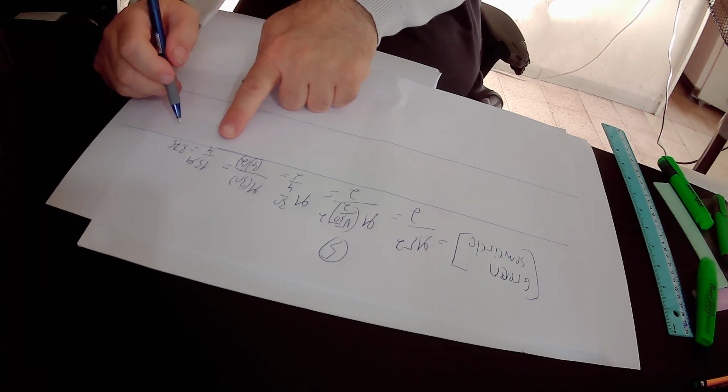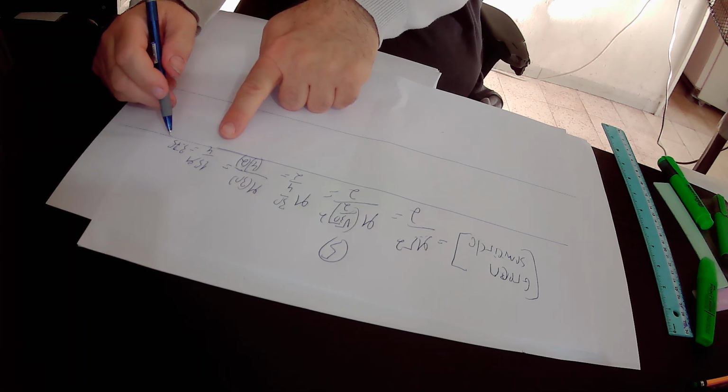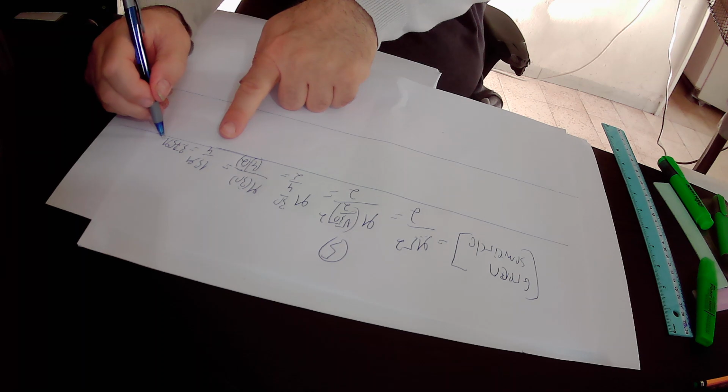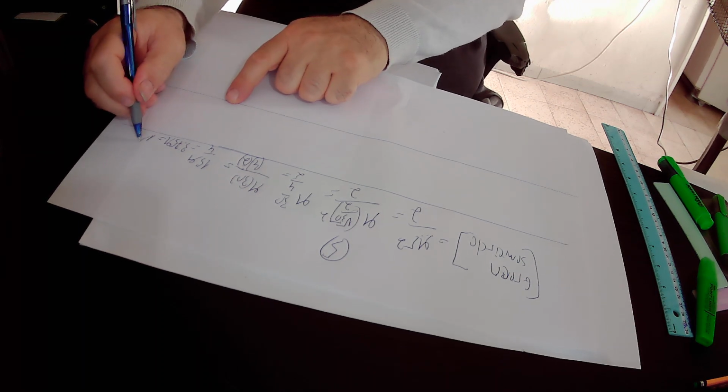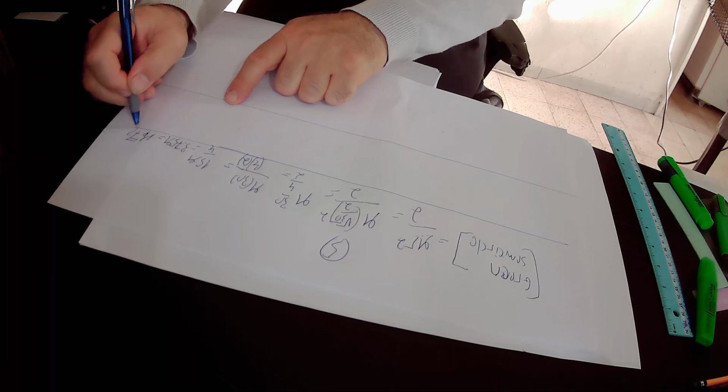So in total the value of this expression is 3.75 pi, and 3.75 pi equals 11.78.